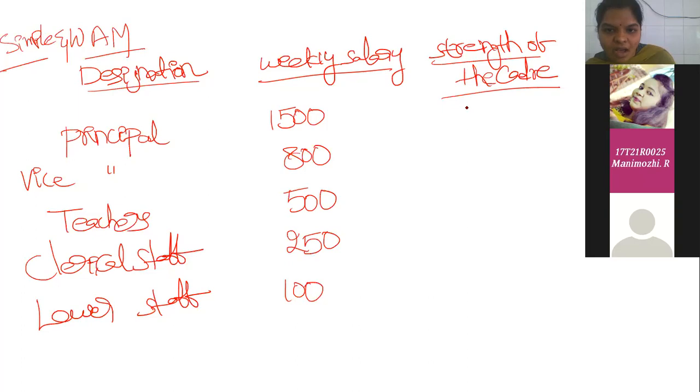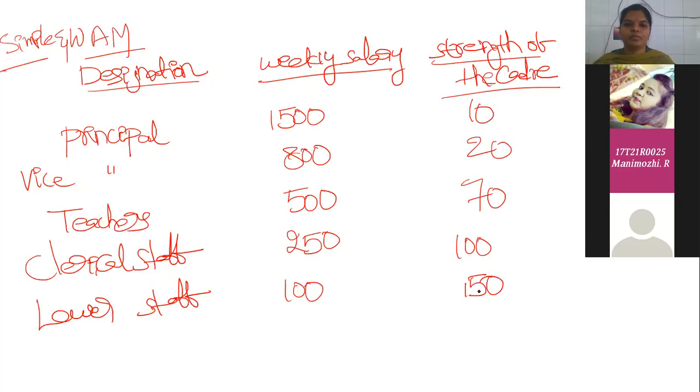The strengths are 10, 20, 70, 100, 150. So here you make a tabular column with 6 columns. With 6 columns, you need to plot the table.